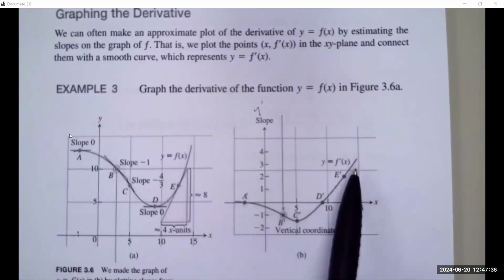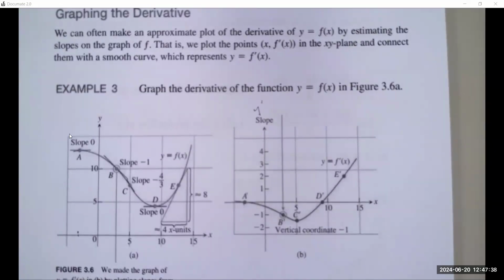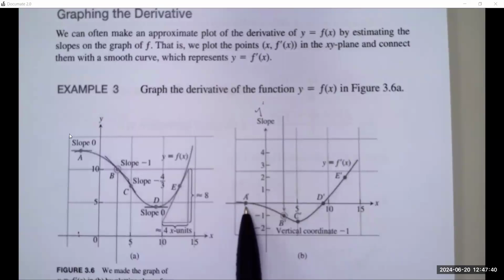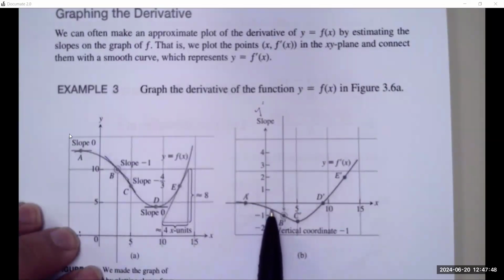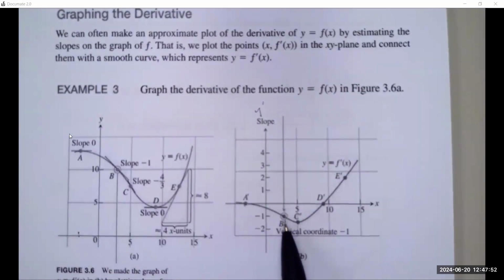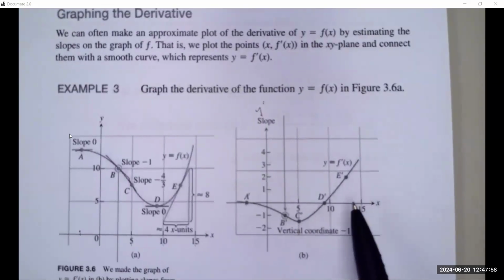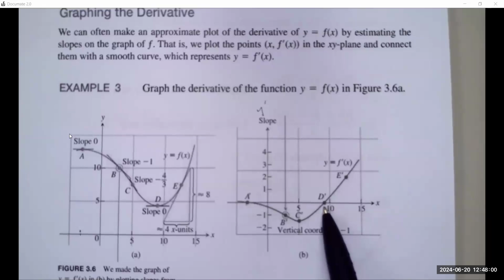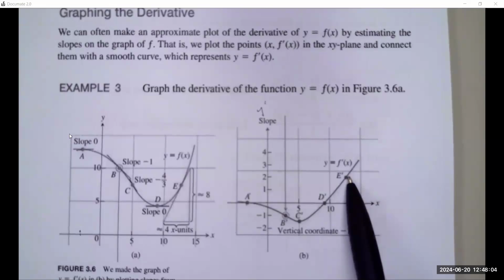If I look at this graph right here, it's telling me that at whatever value this one is, it's a flat line. It's a horizontal line. Then from there, it goes down. So eventually, this one is at a 1-to-1 slope, -1. Then at C, it starts tapering off. At D, it's a horizontal line again. And then it starts going back up.